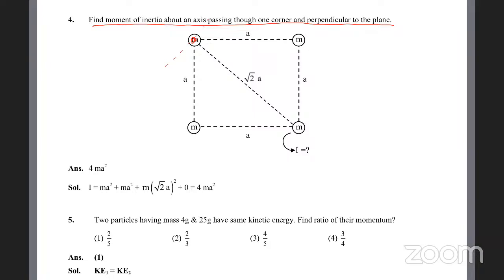Then you have to find the moment of inertia of the system. Very straightforward. We know that the moment of inertia of a particle about a given axis is m r square. If I apply this formula, m into a square plus m into a square, plus m into root a square, plus 0, that is 4ma square. The answer is 4ma square.